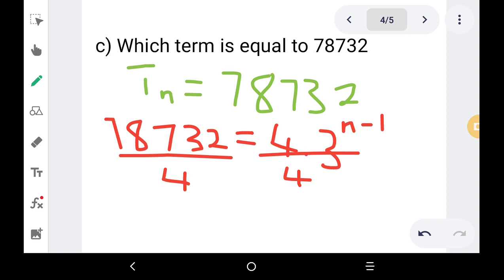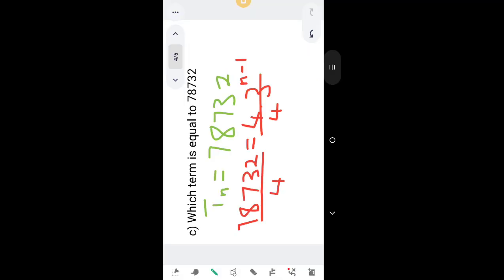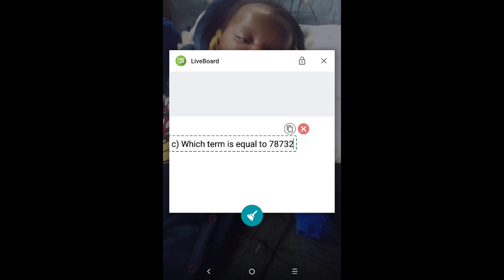Now let's put our Casio calculator up and see what we get.